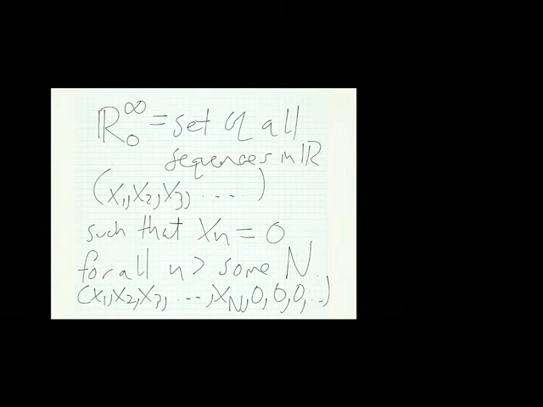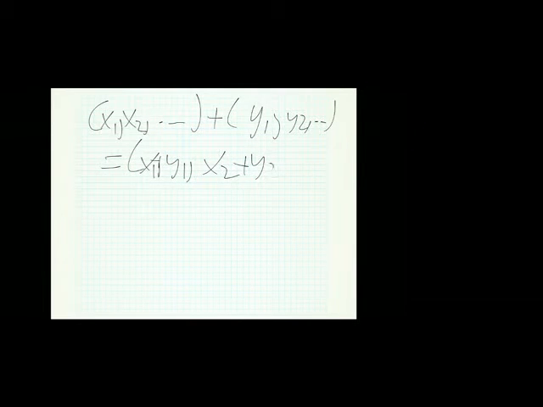So R infinity with a 0 there is just to remind ourselves of this condition, that xn is equal to 0 for sufficiently large n. How would you add two such sequences? Well, in the same way as before, only you have infinitely many things to add. x1 plus y1, x2 plus y2, etc. So that works out just fine. Same thing with scalar multiplication. You just have to multiply infinitely many numbers, but it's eventually 0.